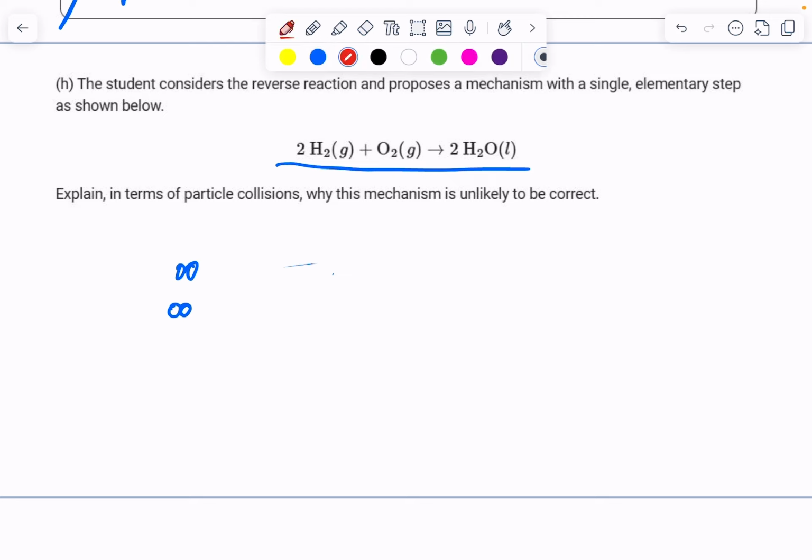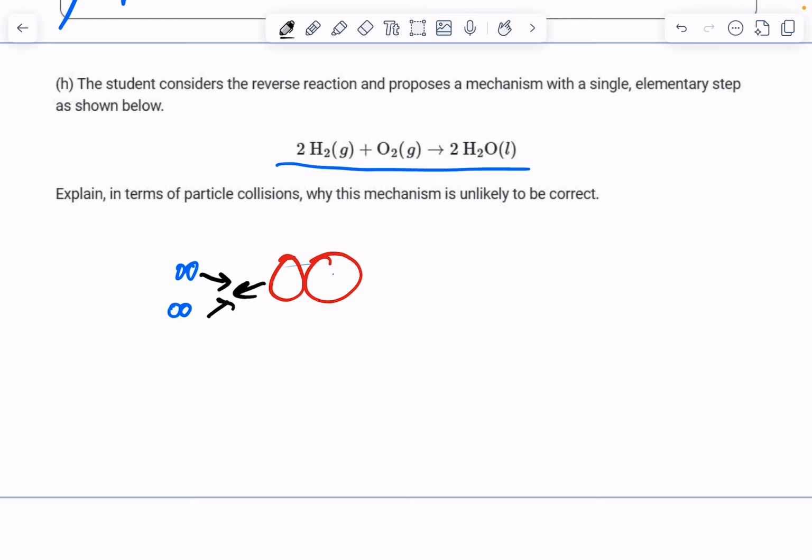Make it a different color and make it a little bigger. Okay, so I've got two H2s and an O2, and somehow all three are colliding at just the right manner to produce H2O, water.